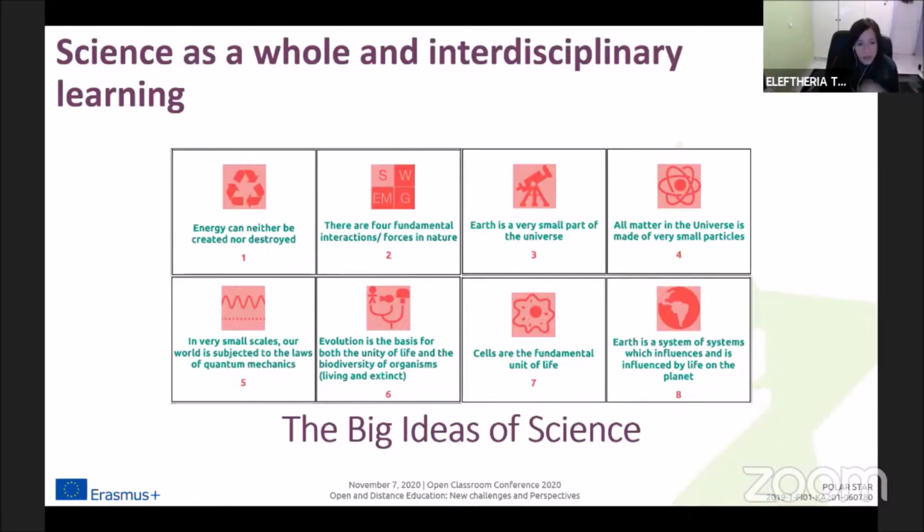What is going on in the microcosm, so in very small scales. One is about evolution, another one is about cells, and the last one is about Earth itself and what's happening on Earth, I'm sorry.